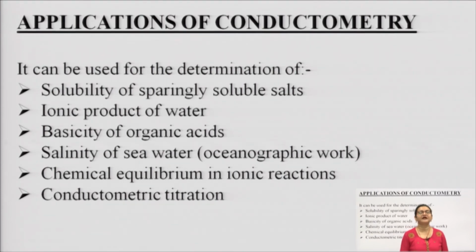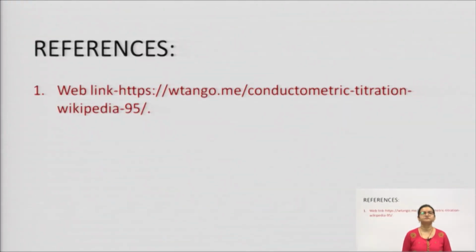So conductometric titration can be applied over a wide range of fields and we can get very accurate results. This is the reference, if you want to go through it.